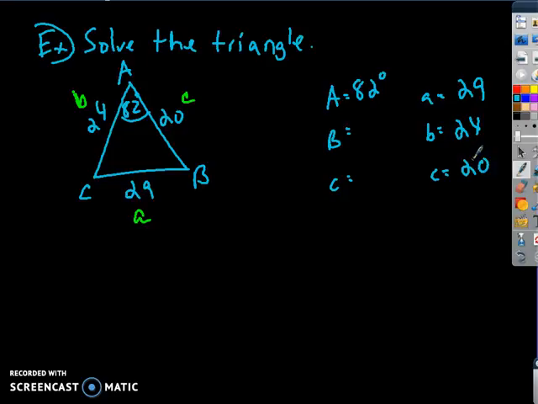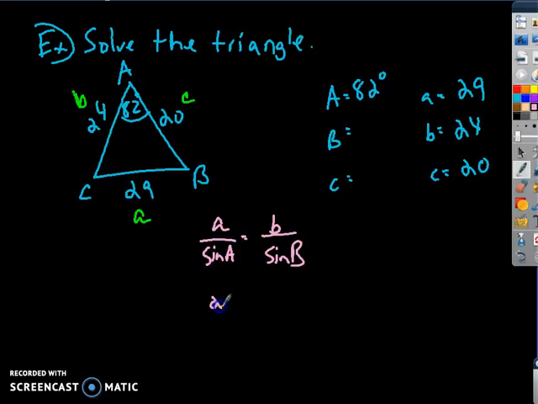All right, so I'm looking for the ones that match. I have a match here. I got a side and an angle for uppercase A and lowercase a. So using that information, I would say that a over sine of A equals b over sine of B. I want to specifically use a because I know both parts of it.